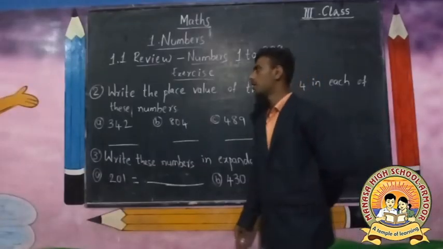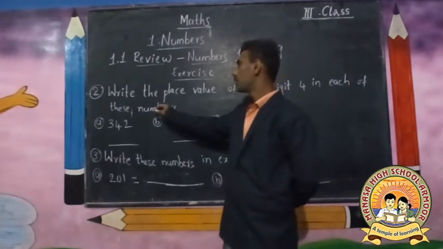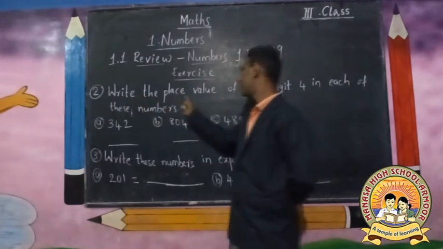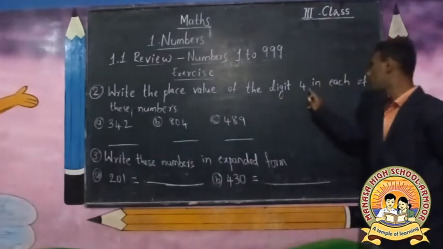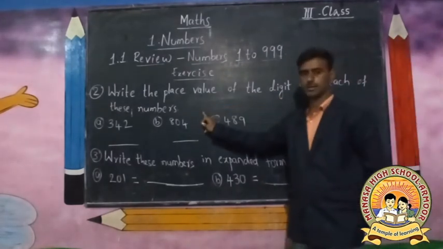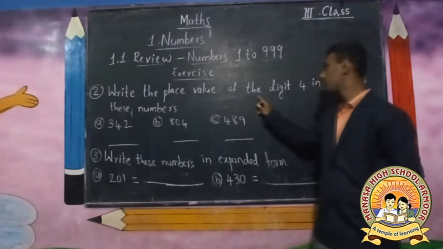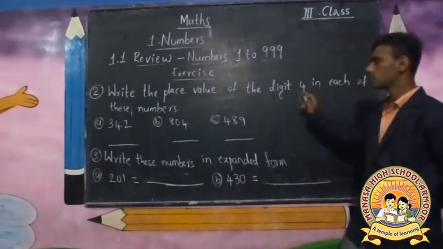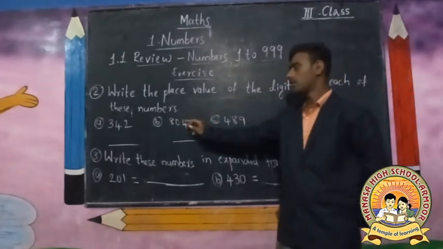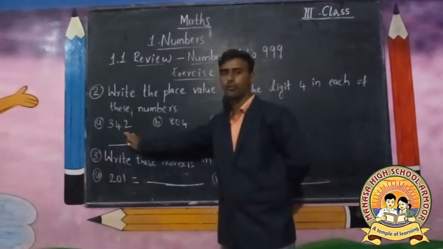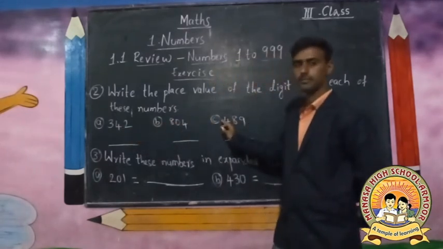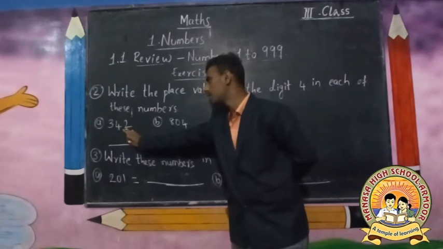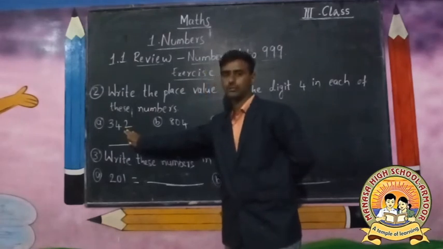Children, let us go to second bit. Here, write the place value of the digit 4 in each of these numbers. So we have to write place value of 4 in every number. So here the number given is 342.